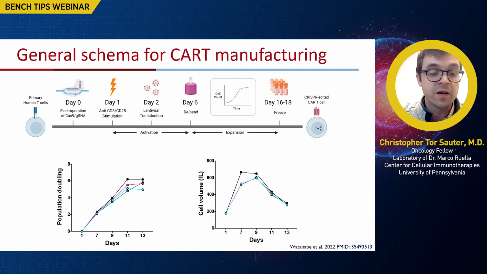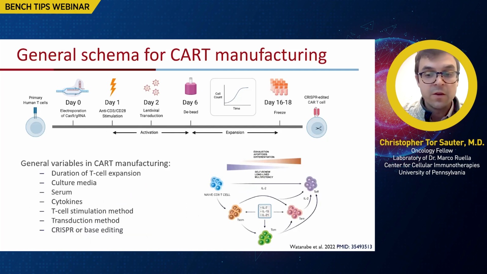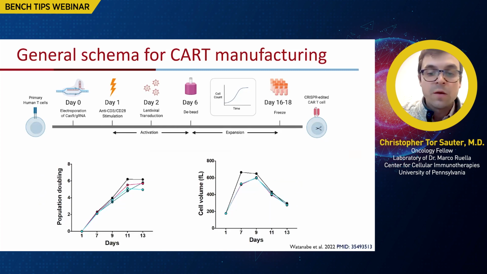During this time, we pay particular attention to monitoring population doubling, as well as cell volume. As T cells are activated by the stimulation beads, they really increase in size, and then following removal of the beads, they begin to rest down. Activated T cells have enhanced tumor killing properties and other behavior, so it's really essential to ensure CAR T cell uniformity in our assays.